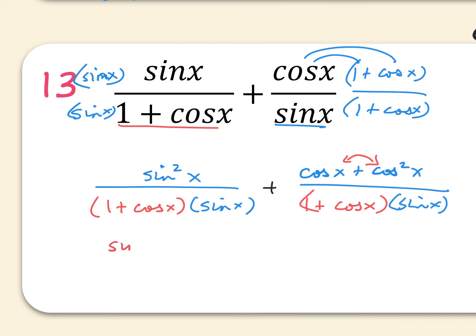So I'm going to do sine squared x plus cosine squared x plus cosine x, and then it all has the same original denominator.